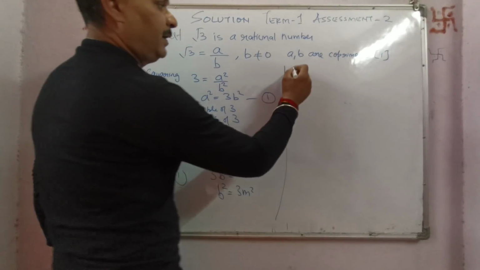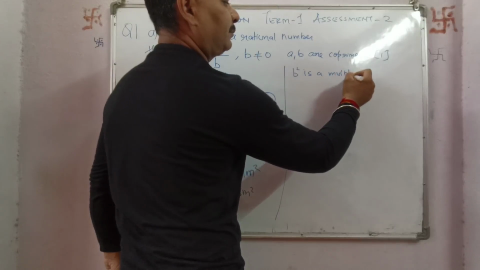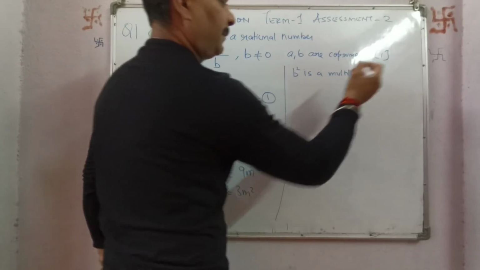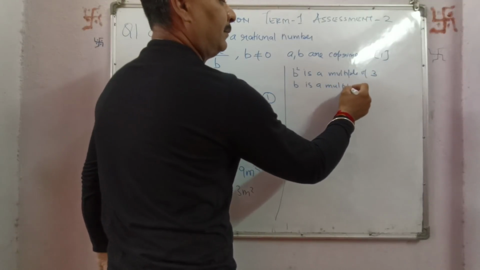Again, we say that b square is a multiple of 3. Hence, b is a multiple of 3.